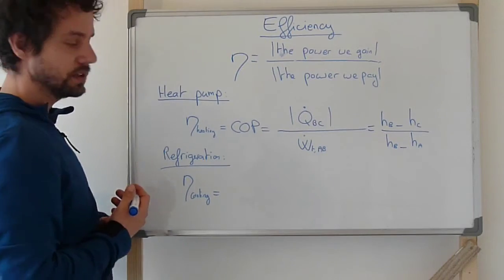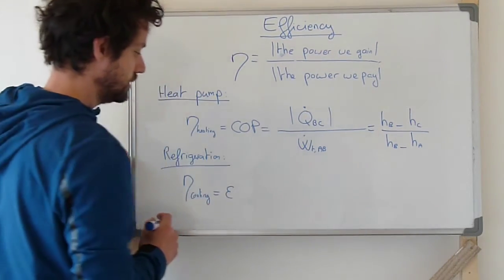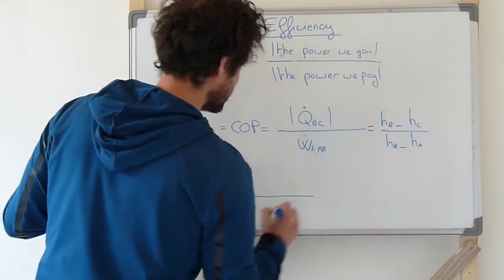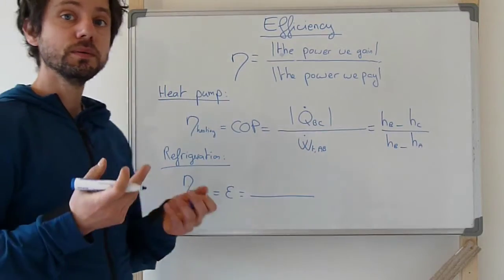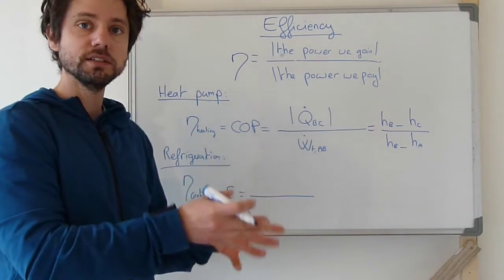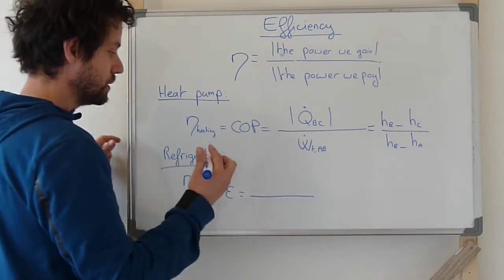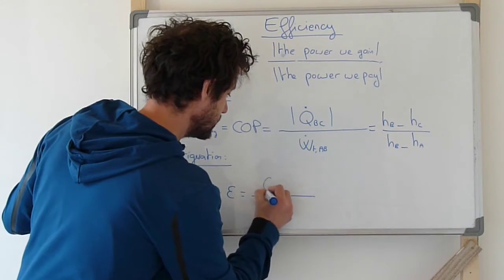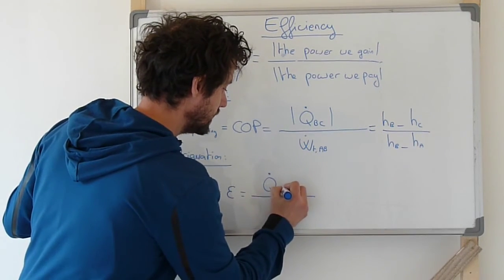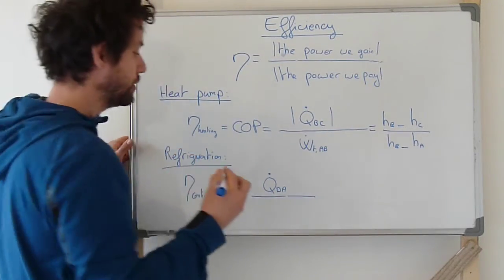In English I think it's probably cooling efficiency, and it's sometimes written with the letter epsilon. In that case, the power we gain is the heat transfer with the cold source, because the purpose of the machine is to cool down the cold source. So here we have the heat transfer between D and A, the heat exchange inside the evaporator.